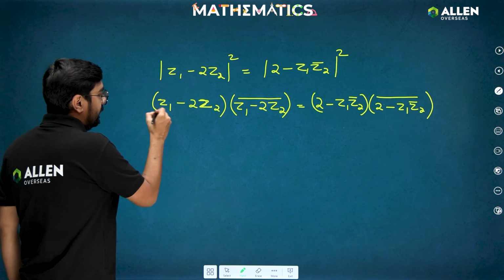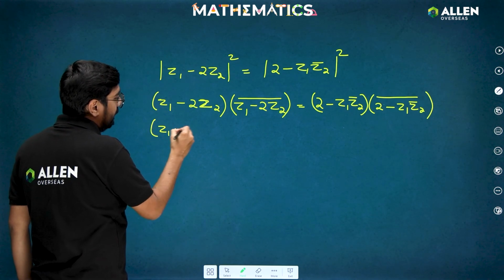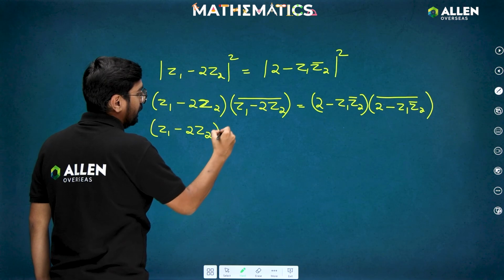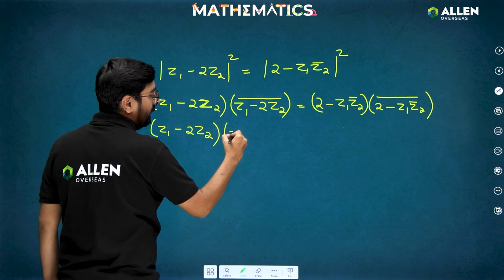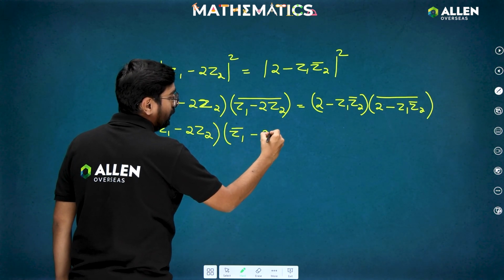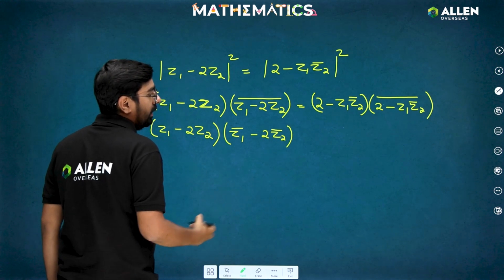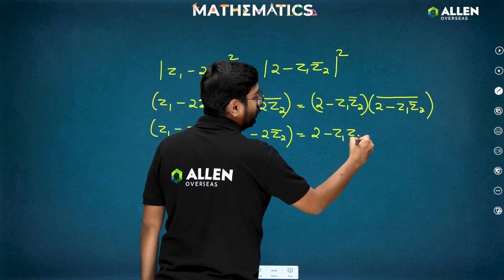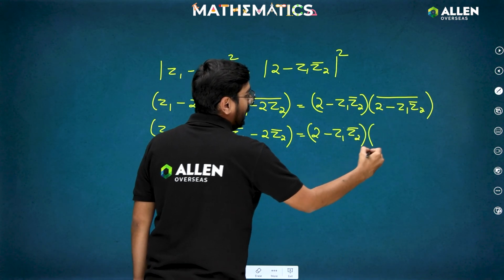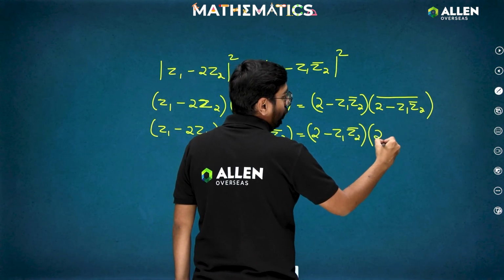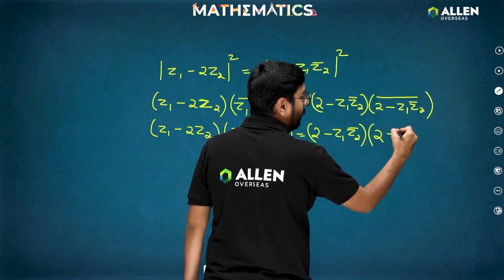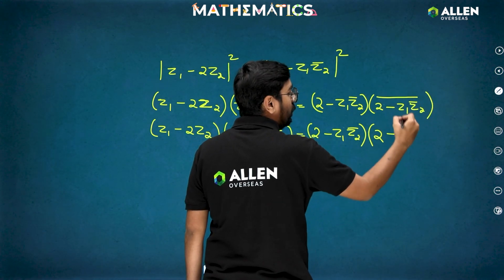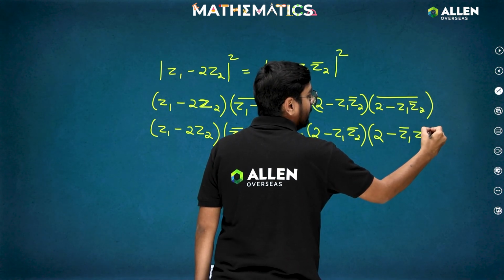If I open the conjugate, the left part will be z1 conjugate minus 2 z2 conjugate. On the right side, conjugate of 2 will be 2 only, minus z1 conjugate, and z2 conjugate over conjugate, so it will be z2 back again.